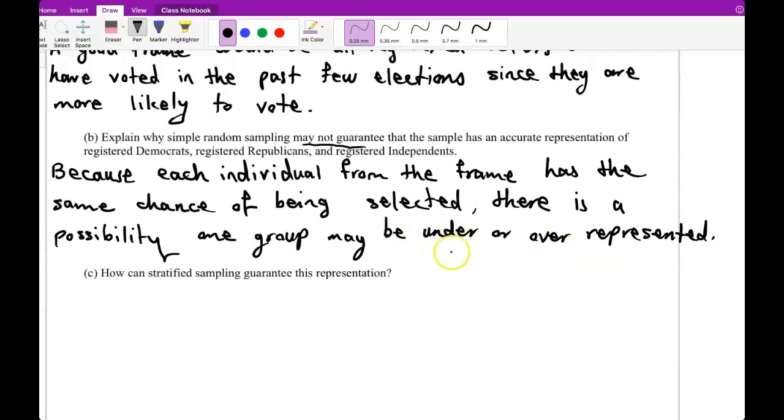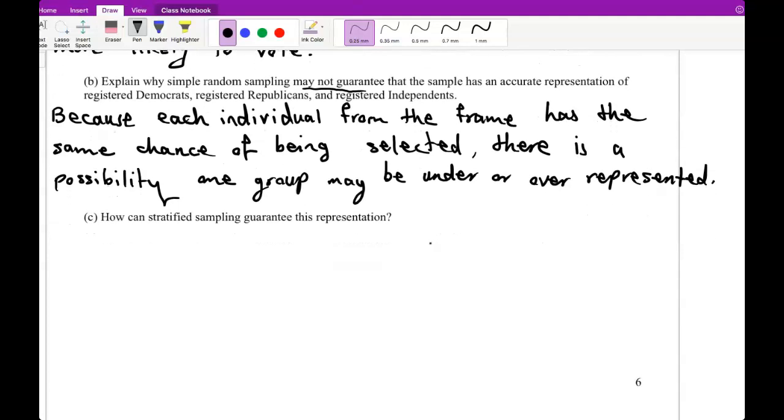That means that we're not following the rule that we had for randomness. We should have the same chance of being selected, so we're not going to have that here. That's why there's no guarantee.